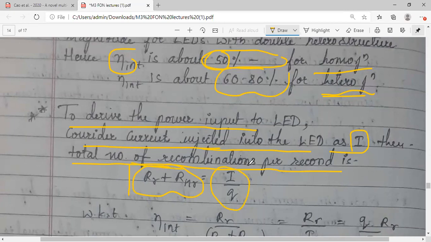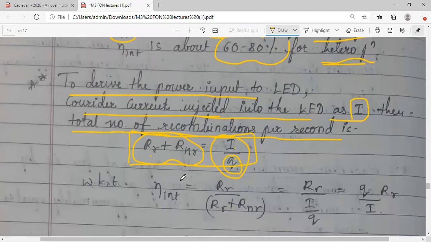Remember this, okay? The equation is given qualitatively; we don't derive where we got it from. Just remember RR plus RNR is equal to I by Q. I is the current injected and Q is the charge. So from this, I can substitute. We know this equation already: internal quantum efficiency is RR by RR plus RNR.